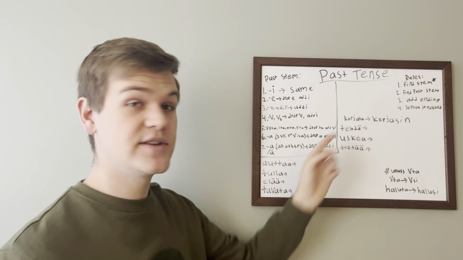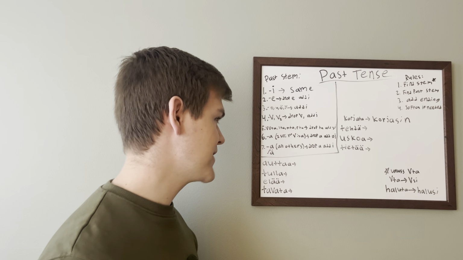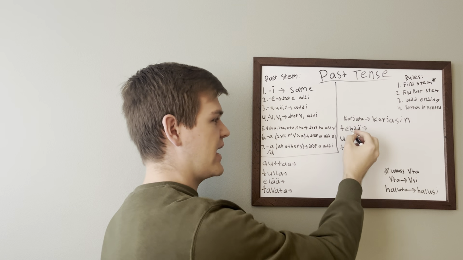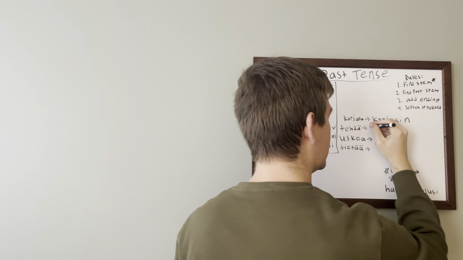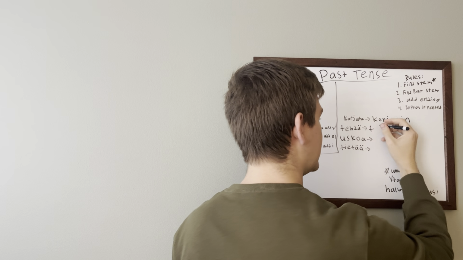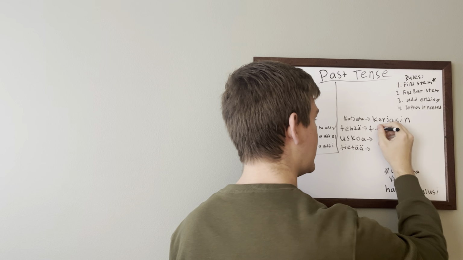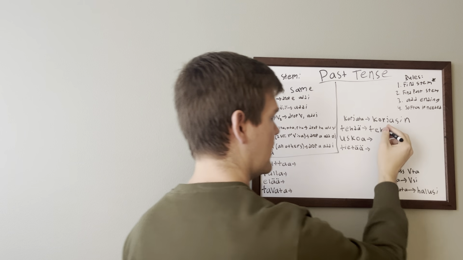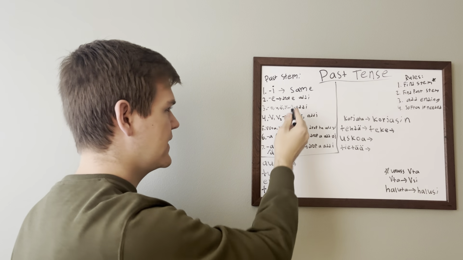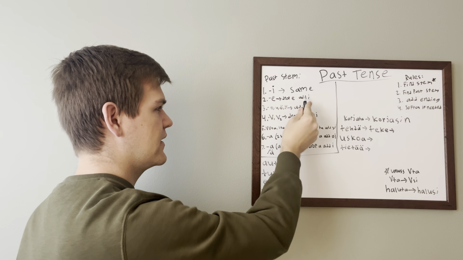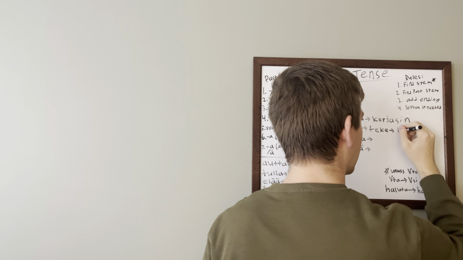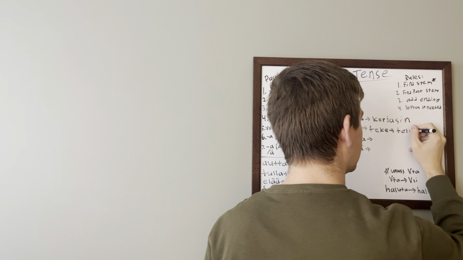Tehdä is to do. So let's do this one. First step, find the stem. Remember, HDA has its own special rule. The HDA goes to a KE. So we get teke. We put that into this one. We see that with an E, we drop the E and add I. So teke goes to teki.